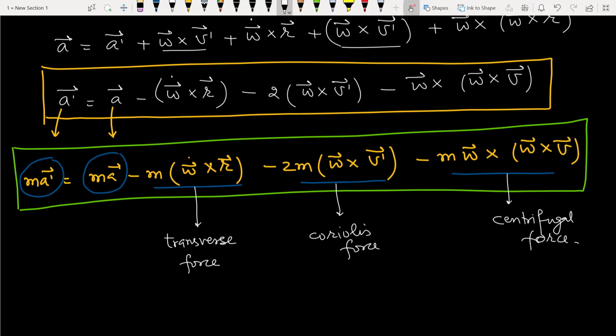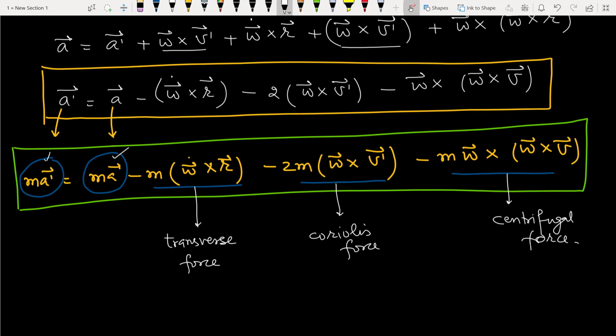So we have applied only ma vector force, and what we get ma dash, which consists of additional 3 terms, and all these 3 terms, they are called pseudo forces. Transverse force, Coriolis force, centrifugal force, and these are the forces due to the rotational motion of the S dash frame.